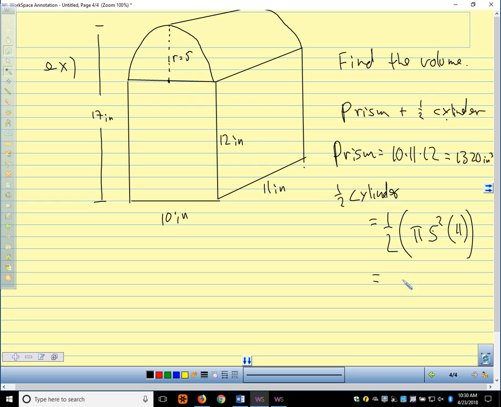And if I leave it in terms of pi, I get 1/2 of 275 pi, 5 squared times 11, 25 times 11. And this is about, if I plug that into my calculator, 431.97 cubic inches.